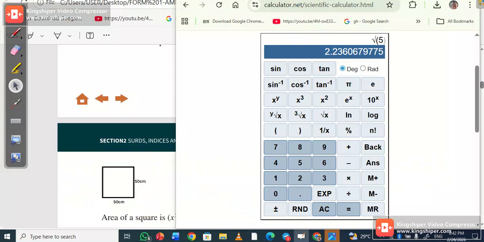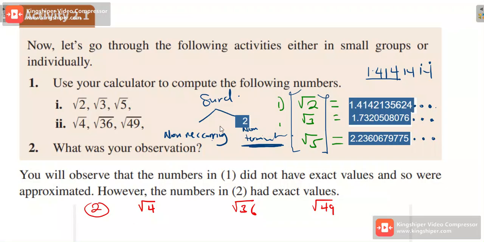So let me use my calculator. I have square root of 4, and I have 2 here. That is the answer. Square root of 4, I have 2. So let me take it to the board. 2. So that is the value.